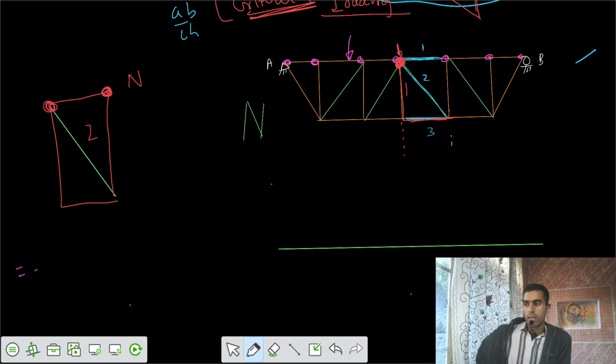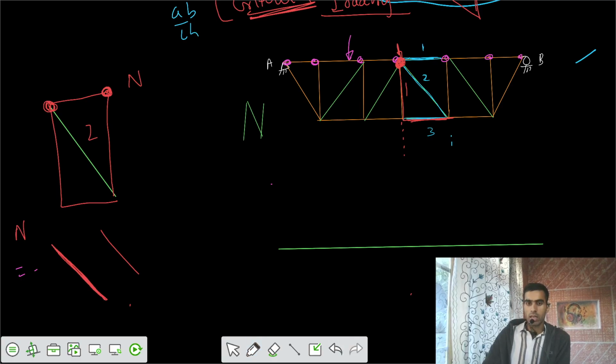Is this member inclined in a way that it forms an N type, or a reverse N type? If it is forming an N type, the direction would be in this way. But if it was reverse N, the direction would have been opposite to its orientation. If the orientation is in this way and the configuration is N type, the starting direction should be the same orientation.